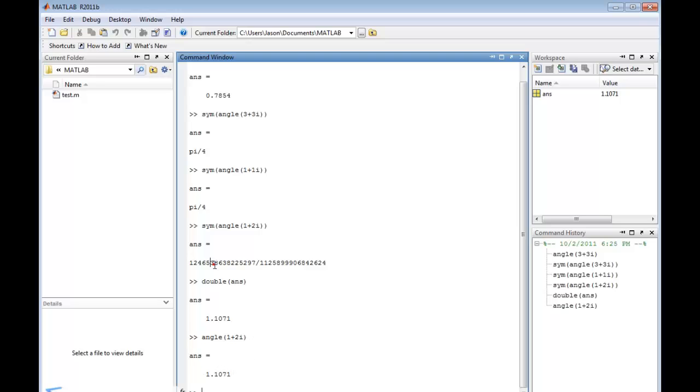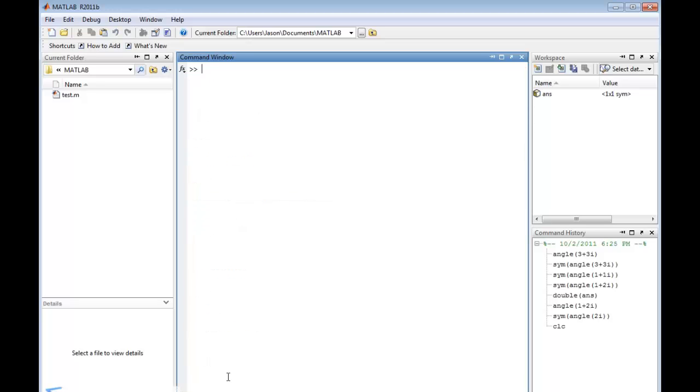So this exact answer we got here is not terribly useful, but again, it is definitely trying to keep it exact for you. What if you did the symbolic angle, the exact answer, so to speak, of the complex number 2i? Well, this lies completely on the imaginary axis, so the angle should be 90 degrees, which is pi over 2, and so it gives you pi over 2 as an answer.